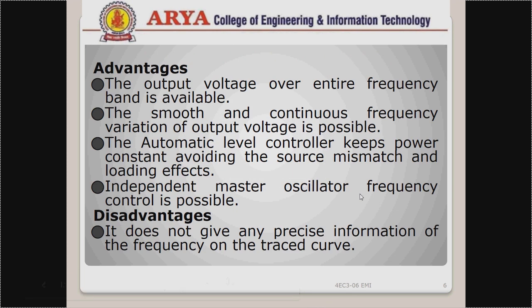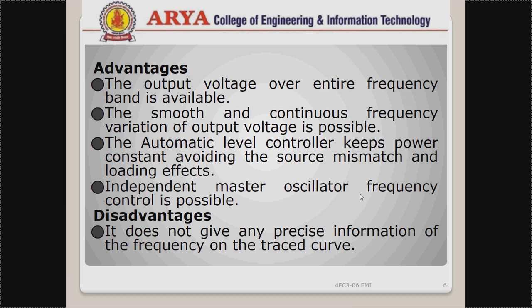This slide shows the advantages and disadvantages of the sweep frequency generator. The advantages are that output voltage over the entire frequency band is available, smooth and continuous frequency variation of the output voltage is possible, the output level controller keeps the output constant, avoiding source mismatch and loading effects, and independent master oscillator frequency control is possible.